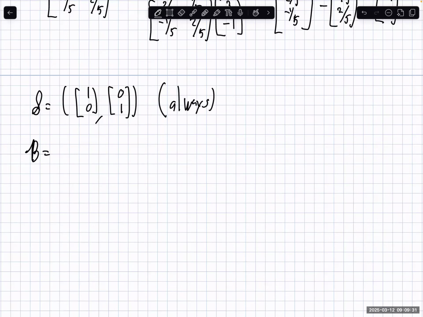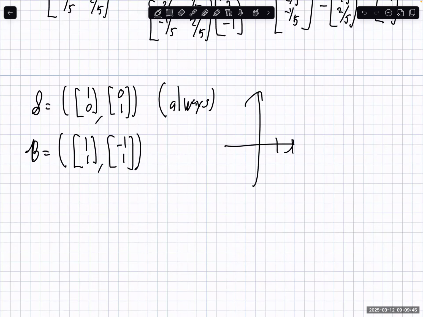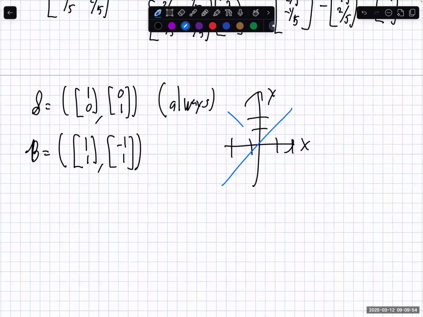And the B is going to change for us. So in this problem, B is now that coordinate system. So the picture should be: there's your X, there's your Y. There's X hat and Y hat.